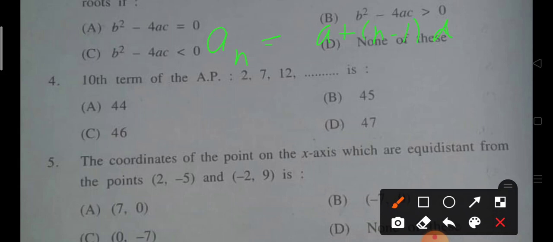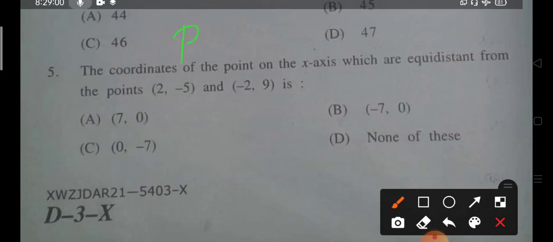So what is a here? It's 2. You have to find the 10th term, so n will be 10, minus 1. And what is d? 7 minus 2 is 5, 12 minus 7 is 5, so this is 5. So this is going to be 2 plus 10 minus 1, which is 9, into 5. So this is going to be 2 plus 45, which is 47. So here we go, the D option. Let's move across to the next question.